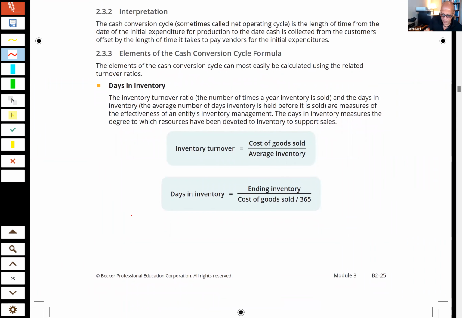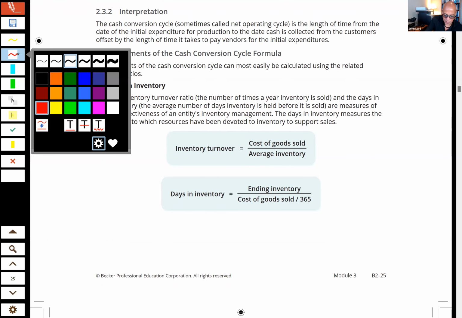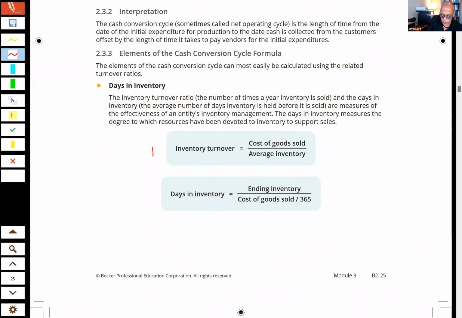Now, they give us a different way of calculating the days in inventory, and I don't like it. I like to do it this way. And you can choose to do it the way they're showing if you want to, but regardless of whether you do it my way or their way, the first thing you have to do is calculate the inventory turnover. The way to think of inventory turnover is how many times would I sell out of my inventory in the course of a year.